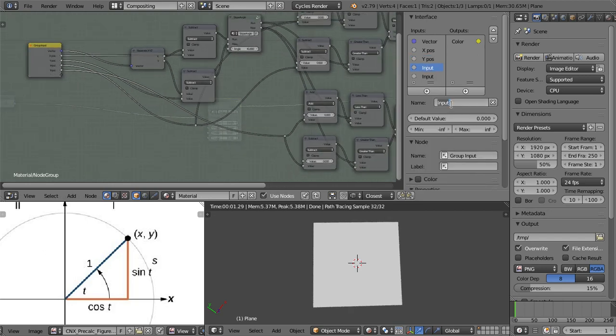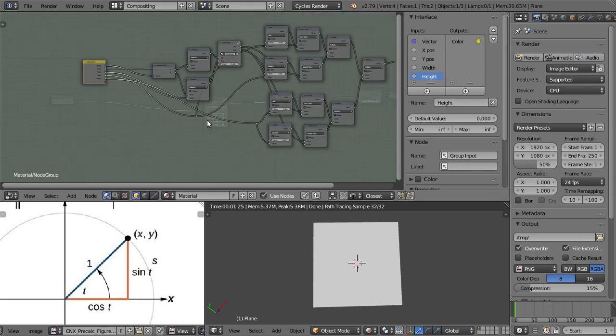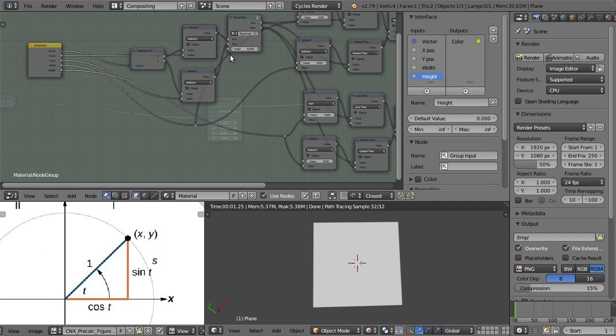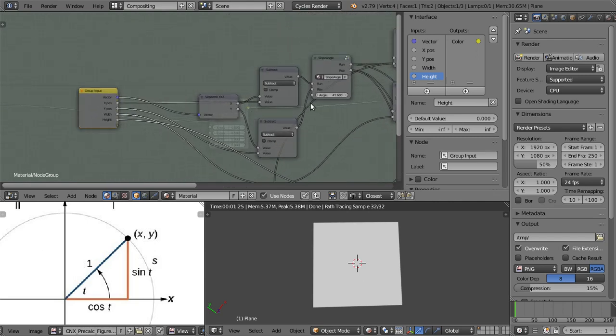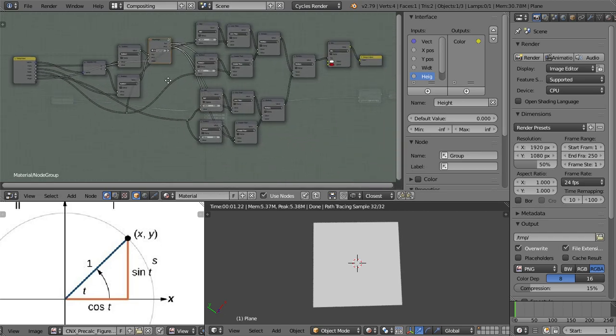So this is width. X position, Y position, width and height. And of course, now we have angle. So let's put that in there. And of course, cool, it carried over.